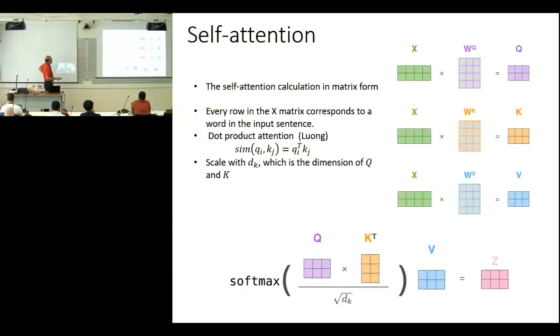We take the input, multiply with WK and produce this key matrix. Then we compute the similarity between key and query. Actually, this is the dot product attention that I showed you before, but with the additional scaling term, where d_k is the dimension of this matrix. We scale with the dimension just to improve the convergence.